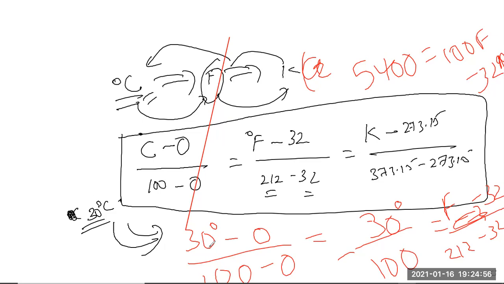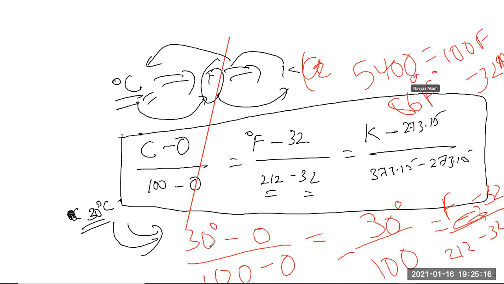So 5400 plus 3200 is how much? 54 plus 32 is 86, so 8600. So 86 degrees Fahrenheit. So 30 degrees Celsius is the same as 86 degrees Fahrenheit.